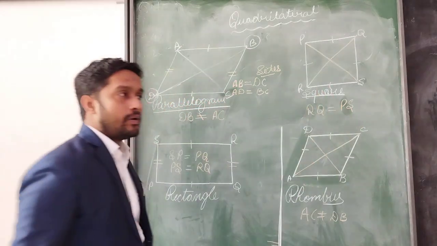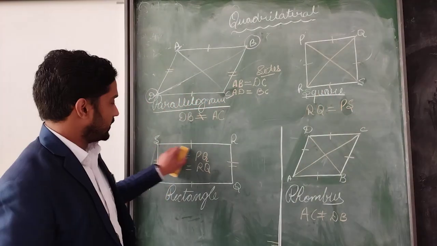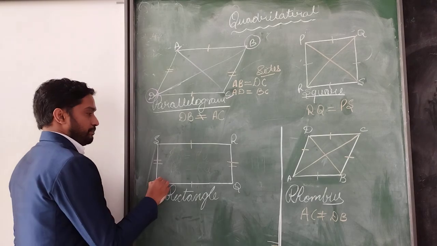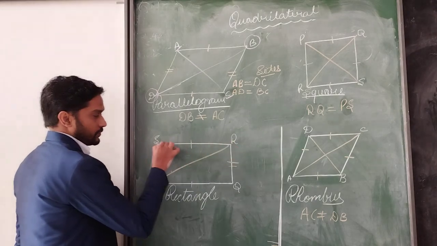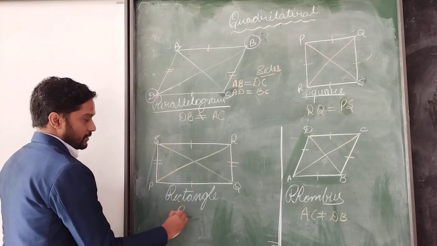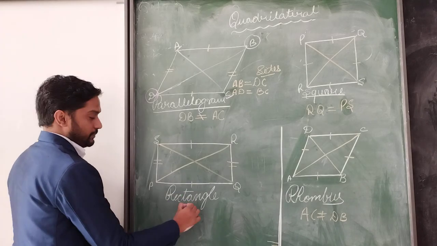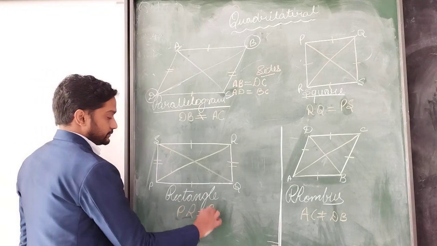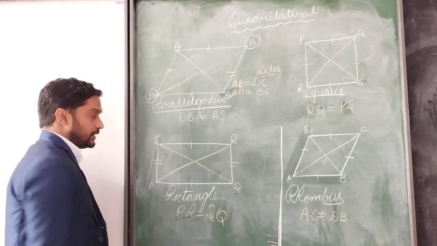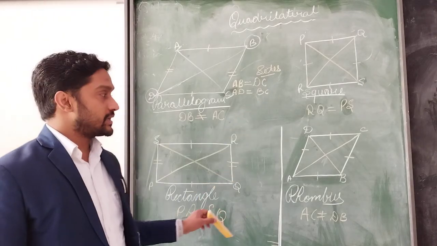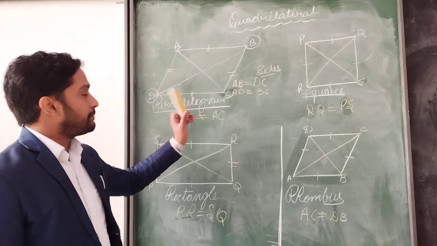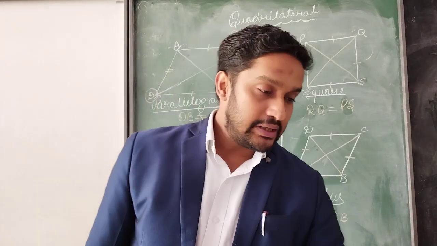In a square, RQ will be equal to PS, whereas in a rectangle, PR will be equal to SQ. In rectangle and square the diagonals are equal, whereas in rhombus and parallelogram the diagonals are not equal.